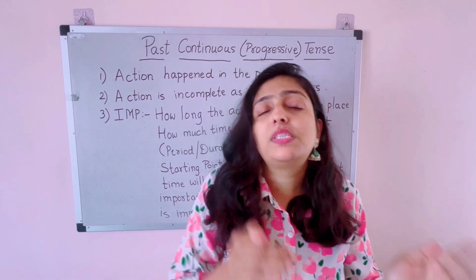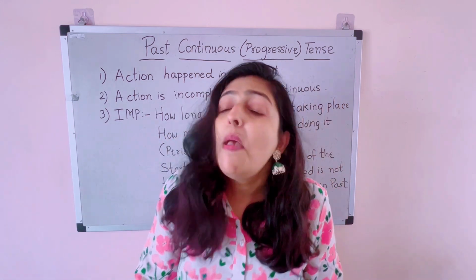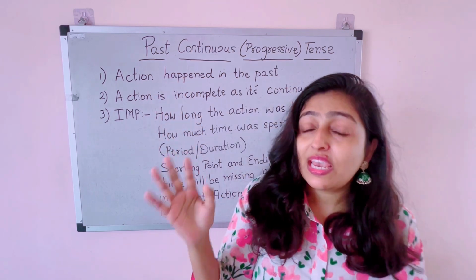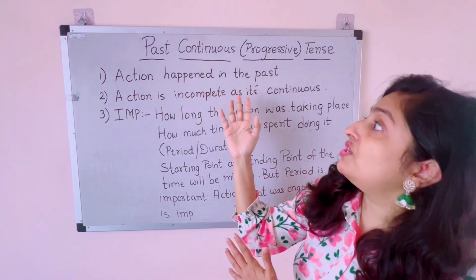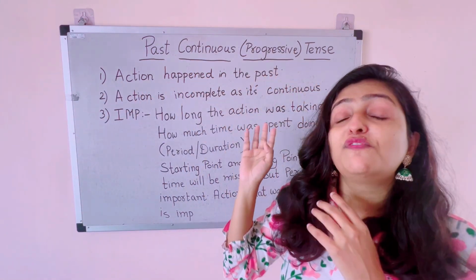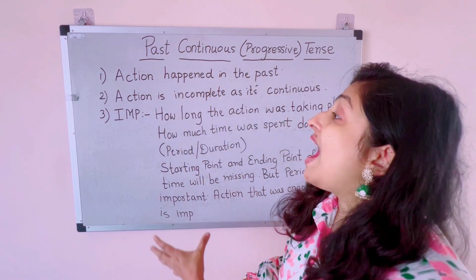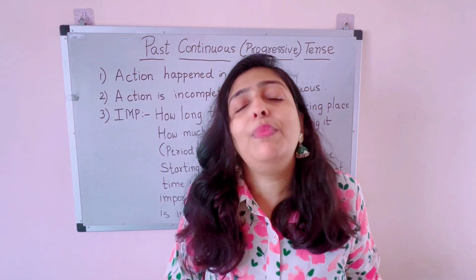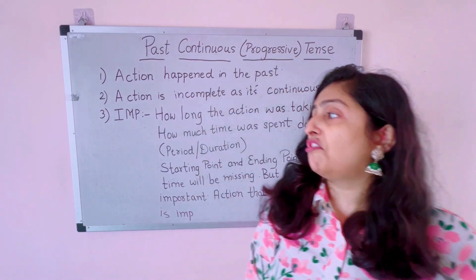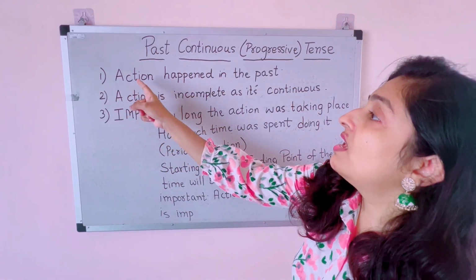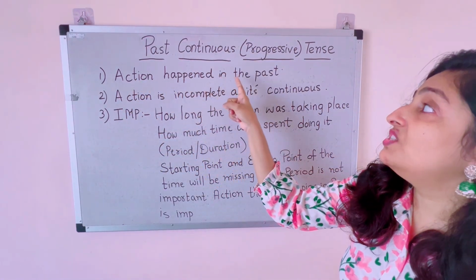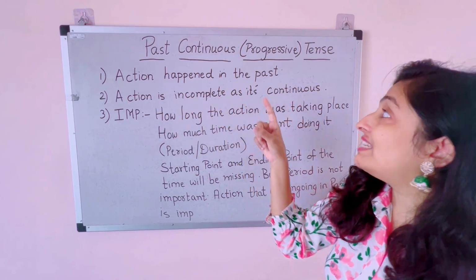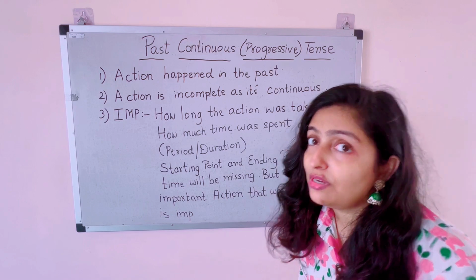But that's not the case here. In past continuous or progressive tense, whatever I have written here is extremely important and significant. The first is, action happened in the past. Action is incomplete as it's in continuity.